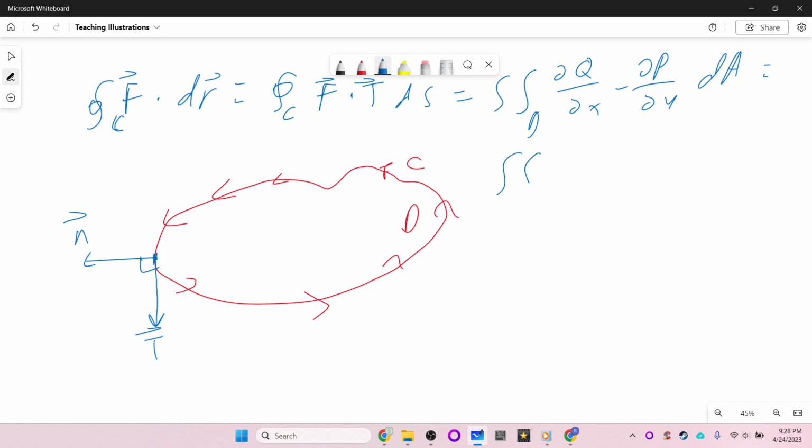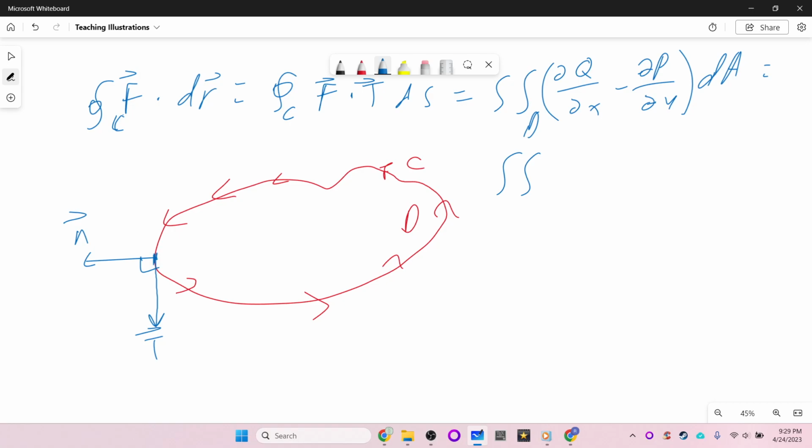which turns into, this is curl, and this is curl in the k direction, the part of curl that's in the k direction. This is a two-dimensional curl. If you look back at the formula, this is the part that's attached to the k component.